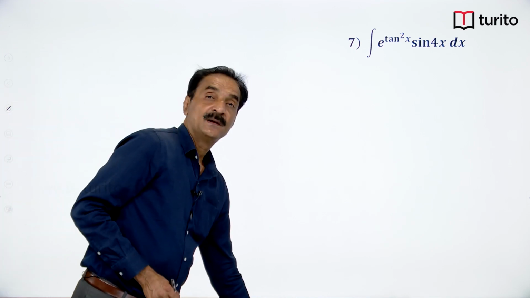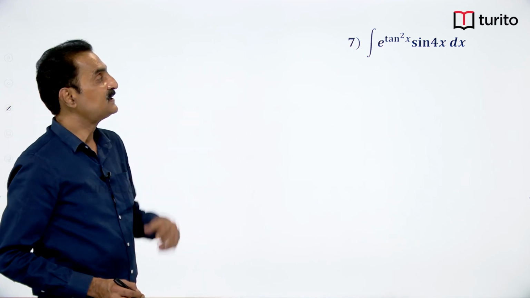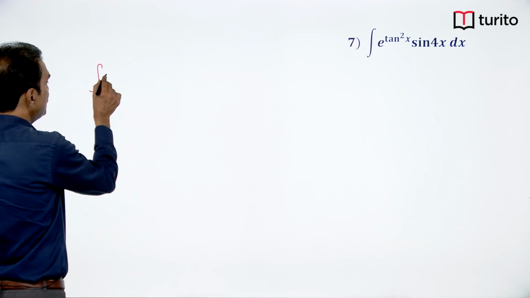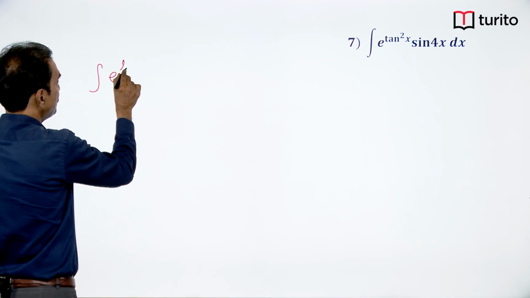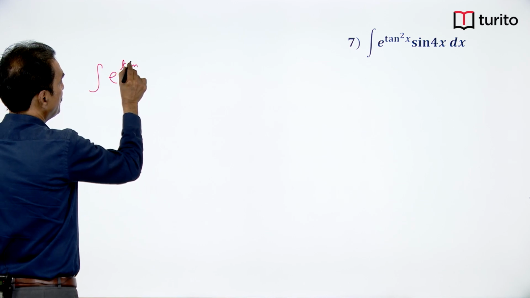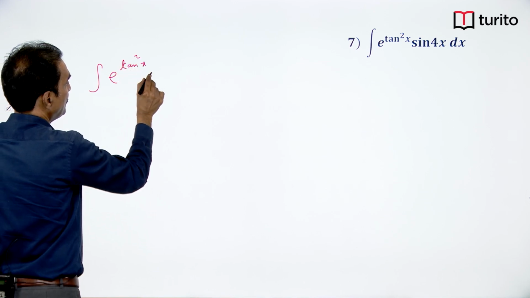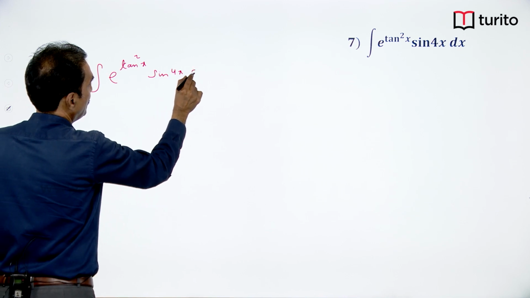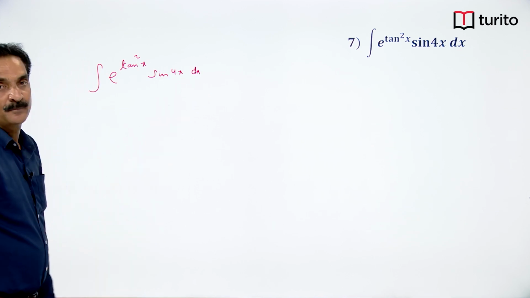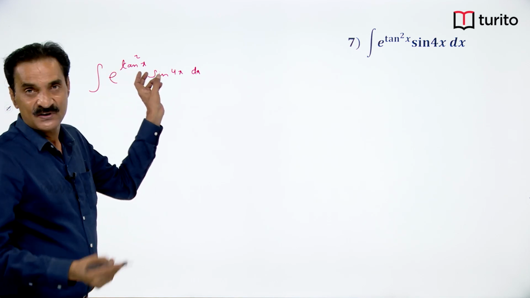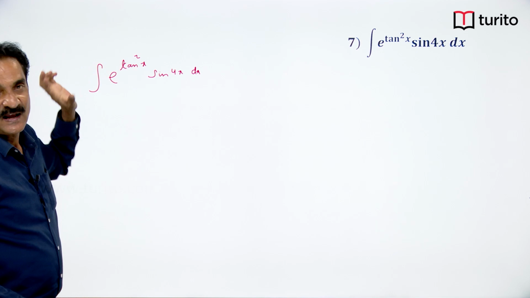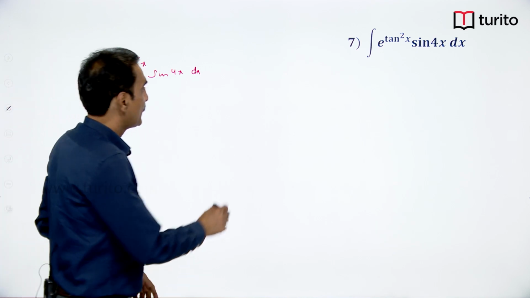Next question, integral e power tan square x into sin 4x. It is a very good question. As we have discussed in the previous class, previous question, we put tan square x is equal to t.